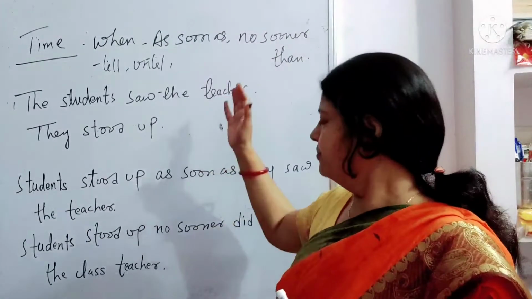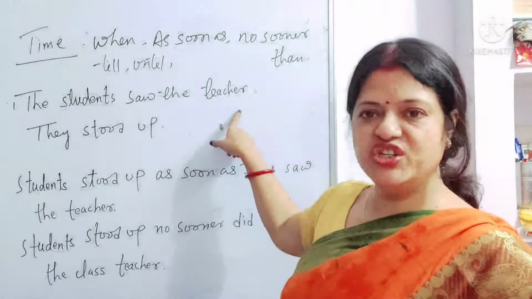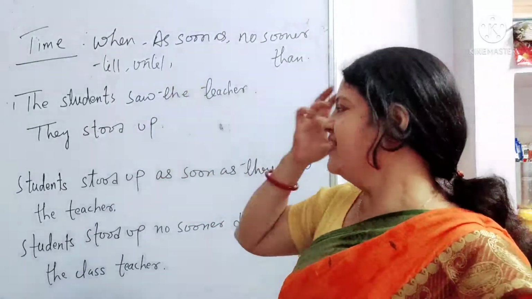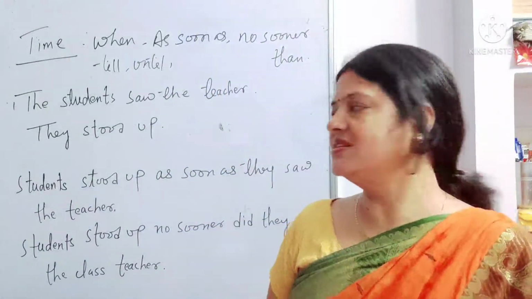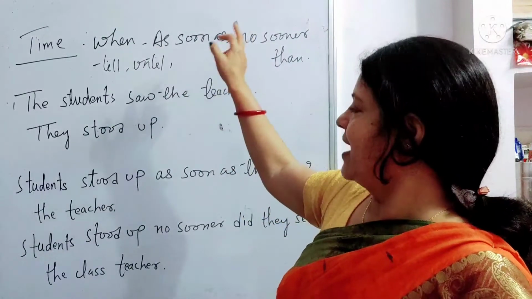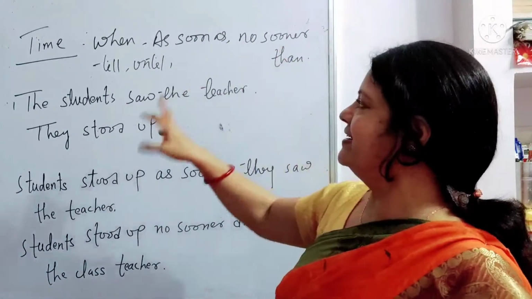Here on the board I have written two examples. The students saw the teacher; they stood up. Two sentences are here. We are going to add these two sentences by using an adverb clause of time and conjunctions like when, as soon as, no sooner than, till, until.